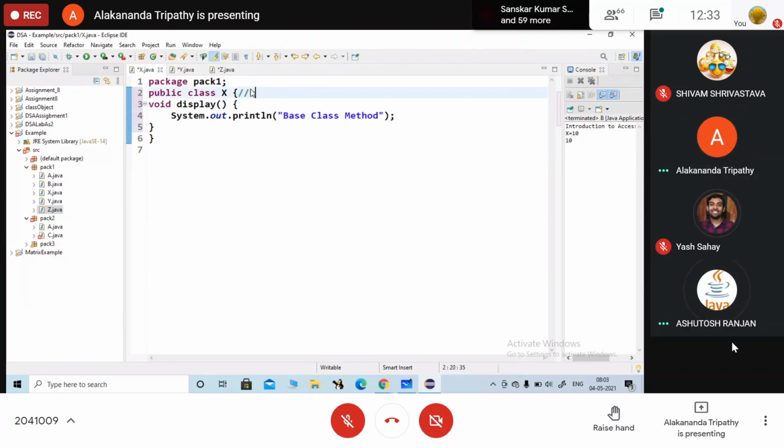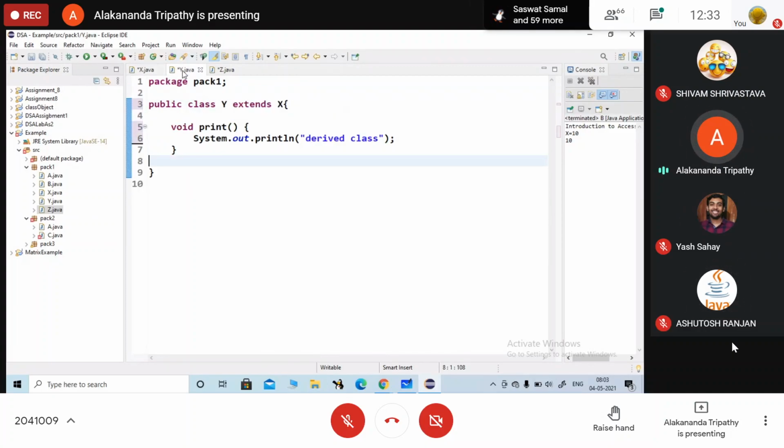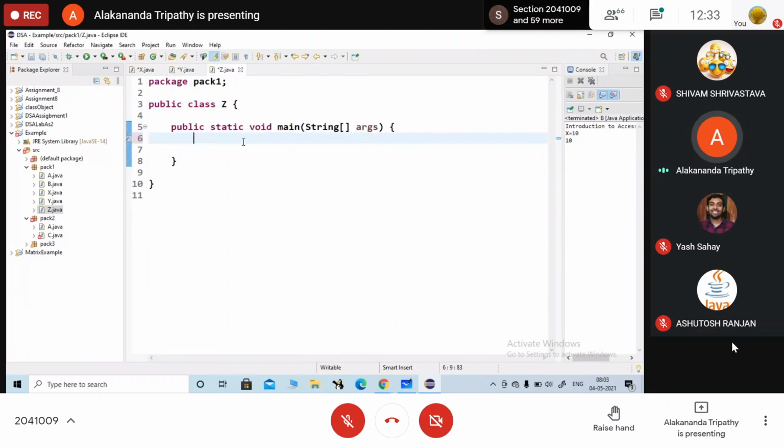Parent. ये base class है. Okay. And you check all the differences. This one is my derived class. So when I am going to create the object of the base class new X, अब ये कौन से क्लास का ऑब्जेक्ट बना? Base class.